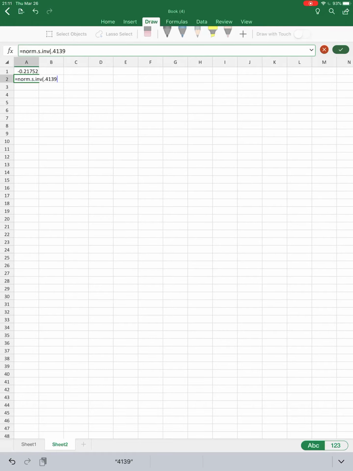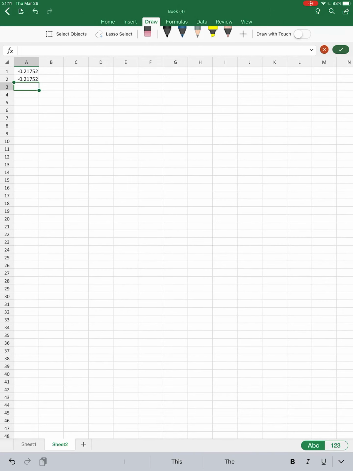Just like when we were finding the probabilities with Excel, Excel is going to assume that whatever probability or area you put into this inverse statement, this is the area to the left of the z-score that you want to find. So if it is the area to the right, we're going to have to do a little more work.